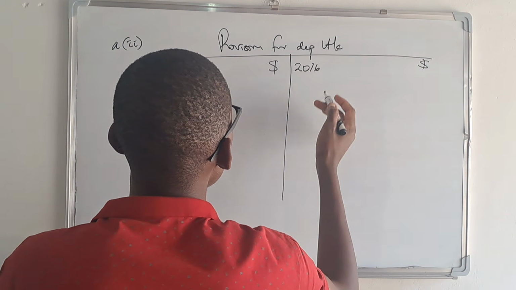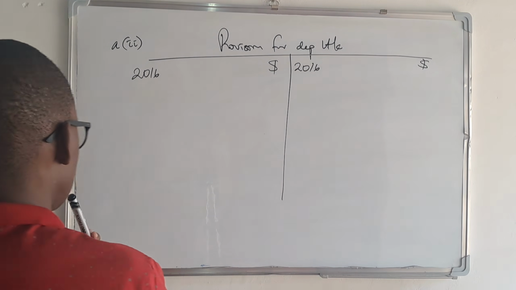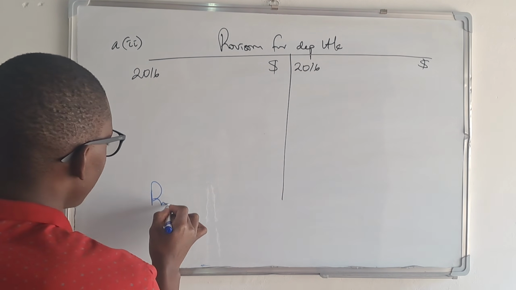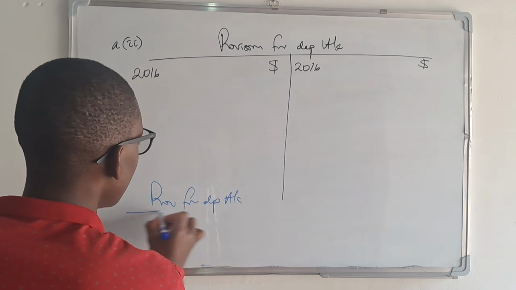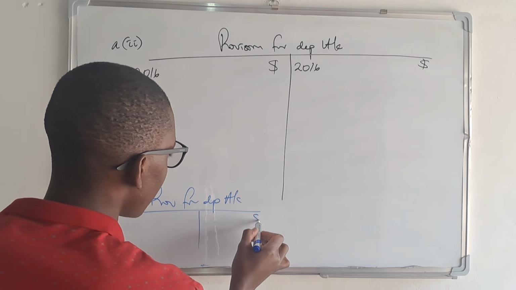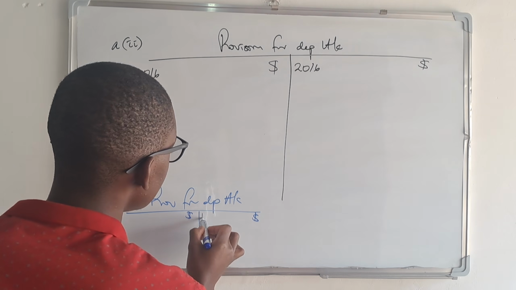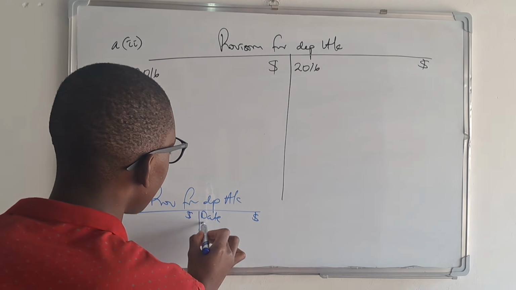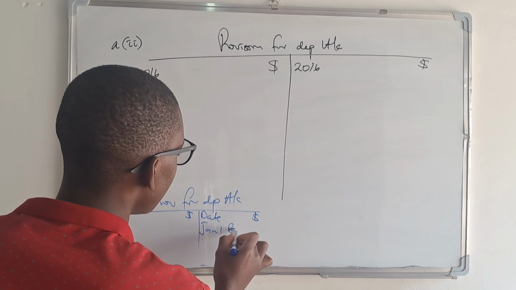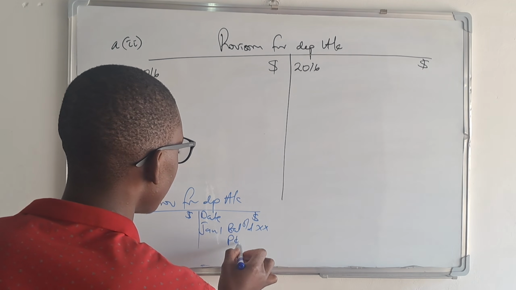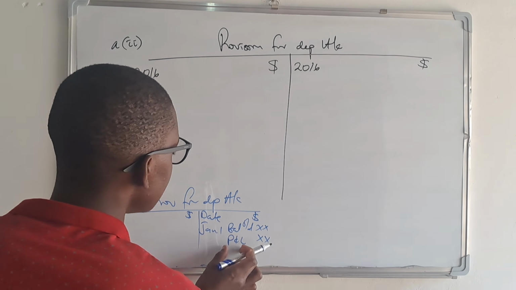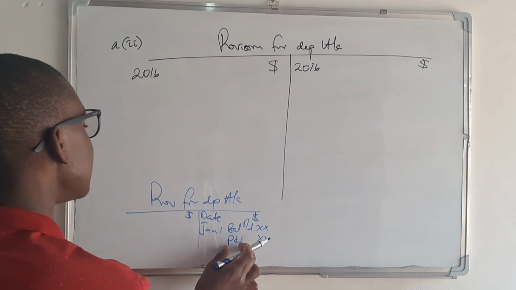I will do a rough draft of the format of the provision for depreciation account. You need to know that it has a credit balance: January 1 balance b/d. Then you record the profit and loss, which represents the depreciation of the asset.